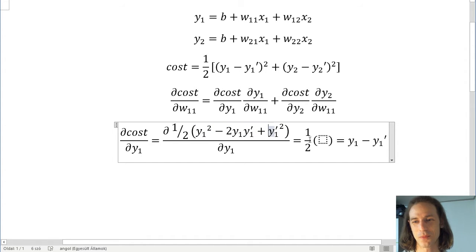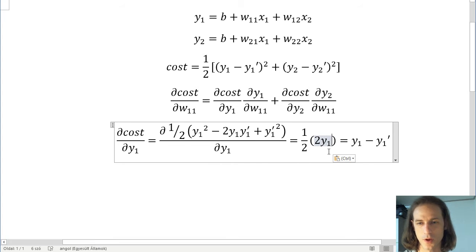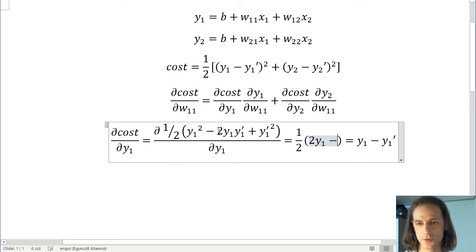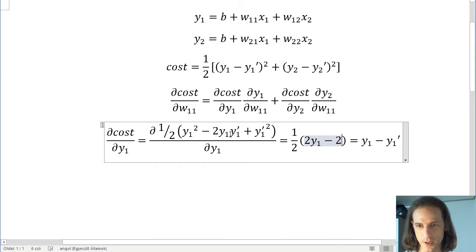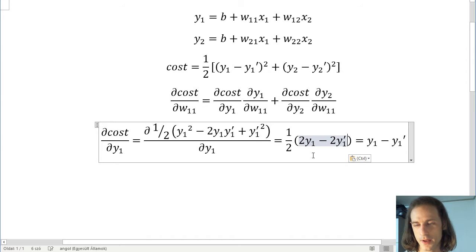You can just take it apart, and the derivative of y1 squared is nothing else but 2 times y1, and the derivative of 2 times y1 prime with respect to y1 is 2 times y1 prime, which is going to be this.